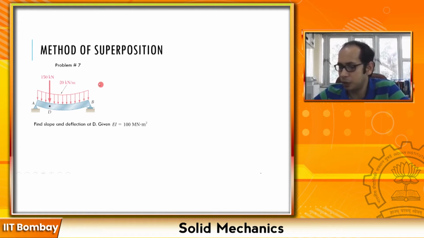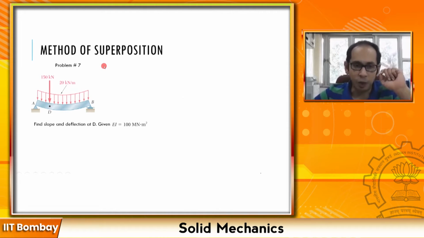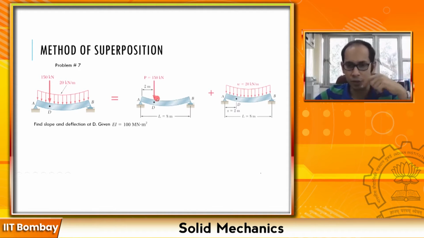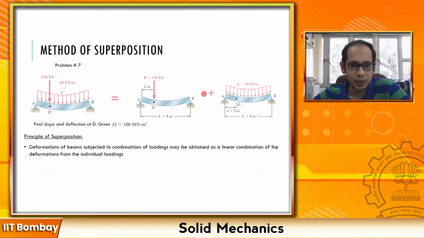If you take a look at this beam, as long as you are within the linear range, with small deflections, you can split this beam into these two beams. The first beam just has this load over here, and the second beam has this one, right? So we are essentially using the principle of superposition, where the total deflection for the combined loading can be obtained as a linear combination of the deformations of the individual loading.